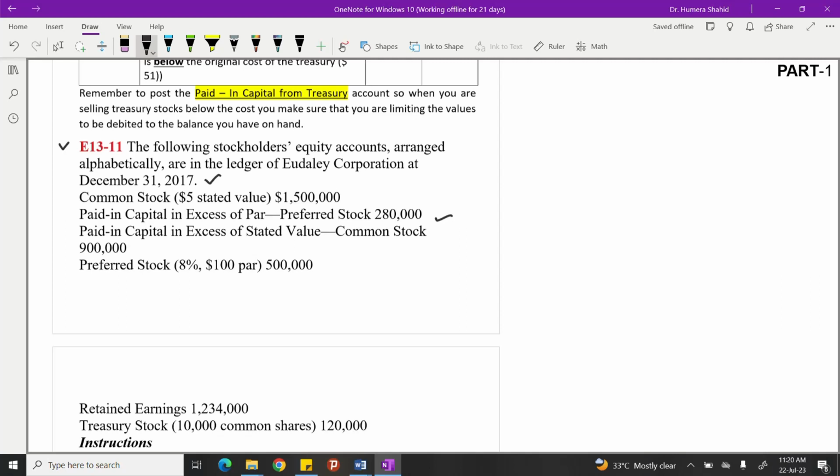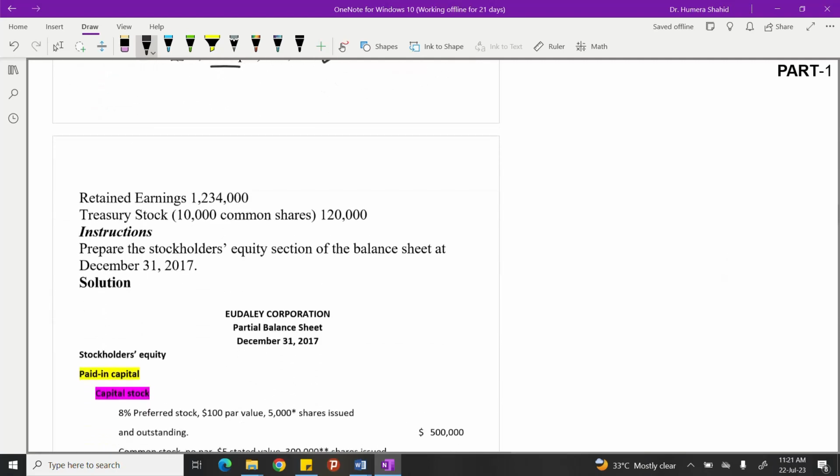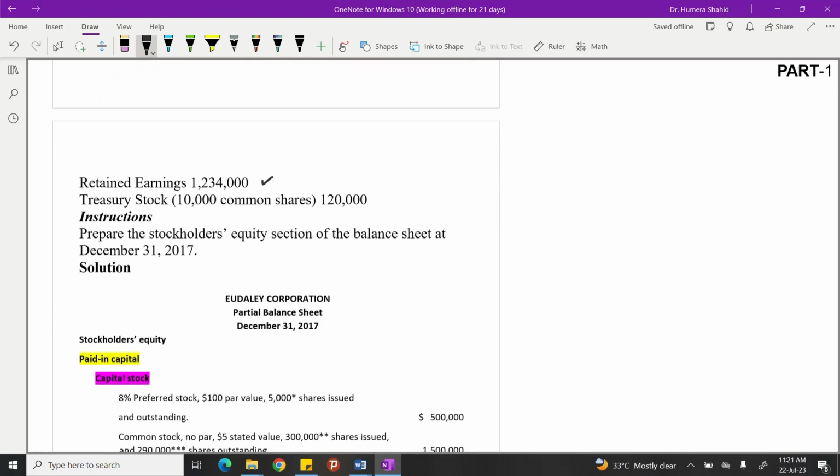Paid in capital in excess of stated value, common stock, 900,000. Preferred stock, 8%, $100 par value, 500,000. This is also in dollars. Retained earnings 1,234,000. Treasury stock, 10,000 shares, $120,000.